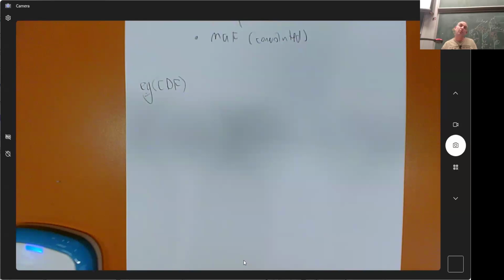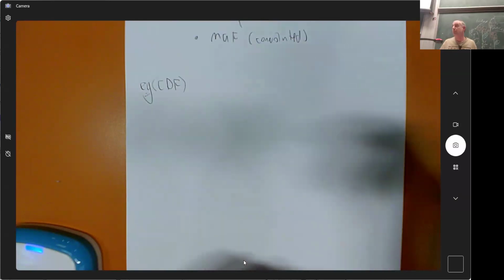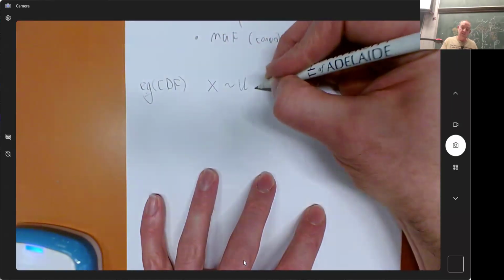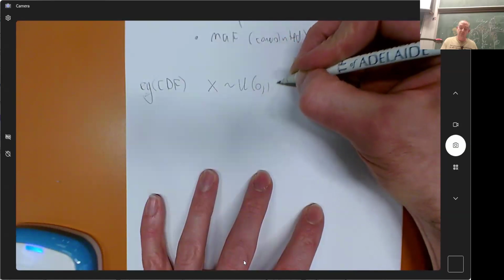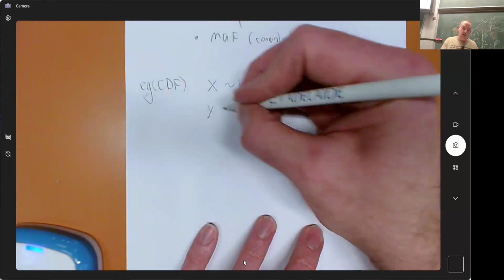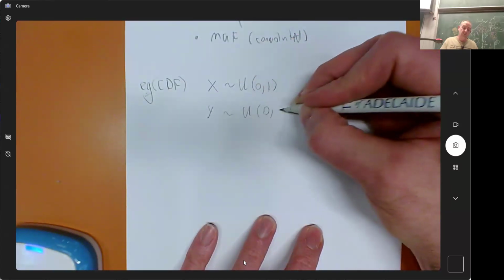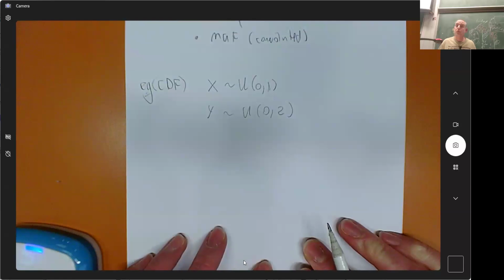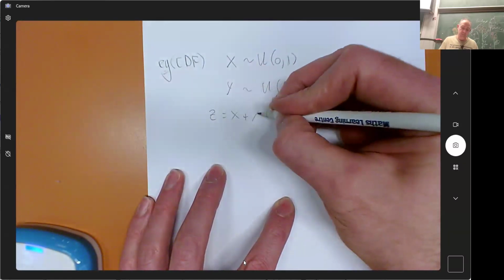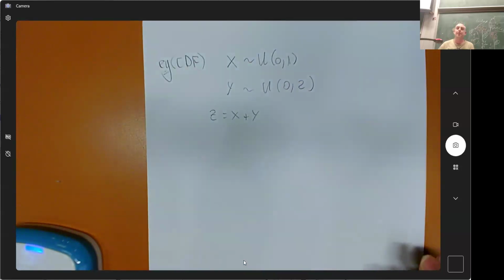I can probably make one up. X is a uniform distribution from 0 to 1, say. And Y is a uniform distribution from 0 to 2. And Z is X plus Y. Is that okay?